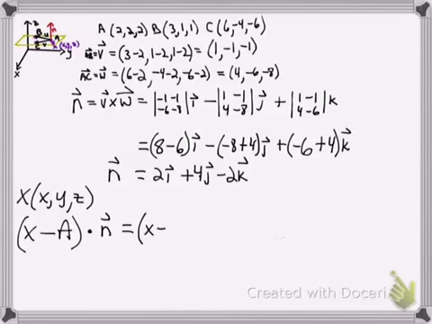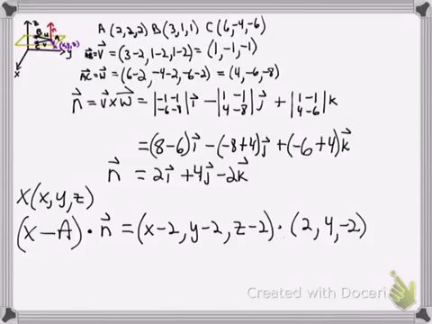So that means x minus 2 and y minus 2 and z minus 2, because A is 2, 2, 2, and have that as a dot product with 2, 4, negative 2. And so the dot product will be 2 times x minus 2 plus 4 times y minus 2 plus negative 2 times z minus 2.